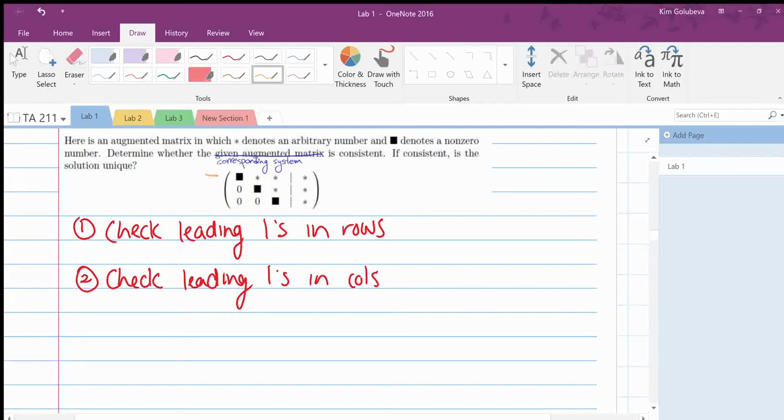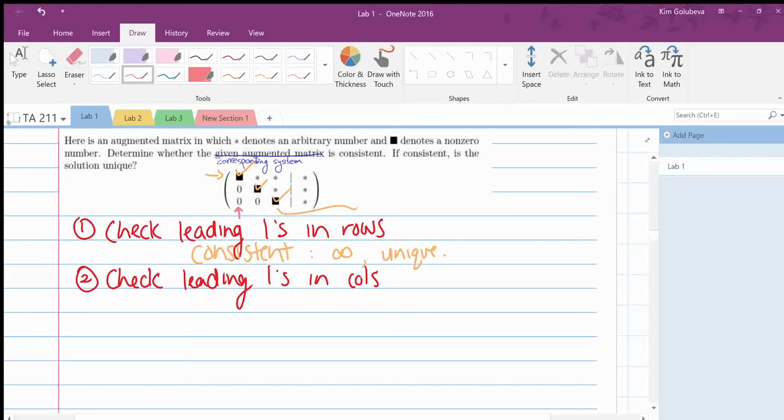So checking the rows here, we have a leading one here, a leading one in the second row, and a leading one in the third row. So from this we can conclude already that the system is consistent. Now we just need to figure out, okay, it's consistent, that means it has at least one solution. So is it infinitely many solutions, or is it a unique solution? That's where we check the columns.